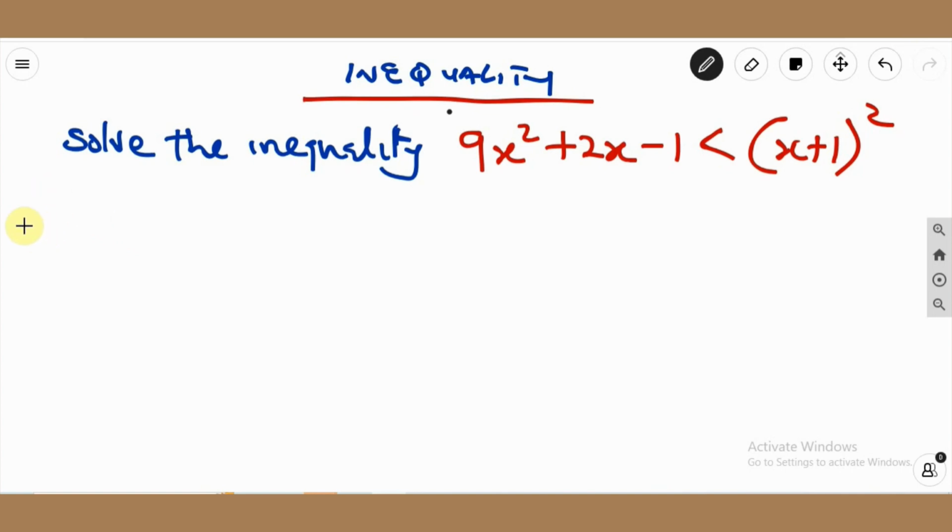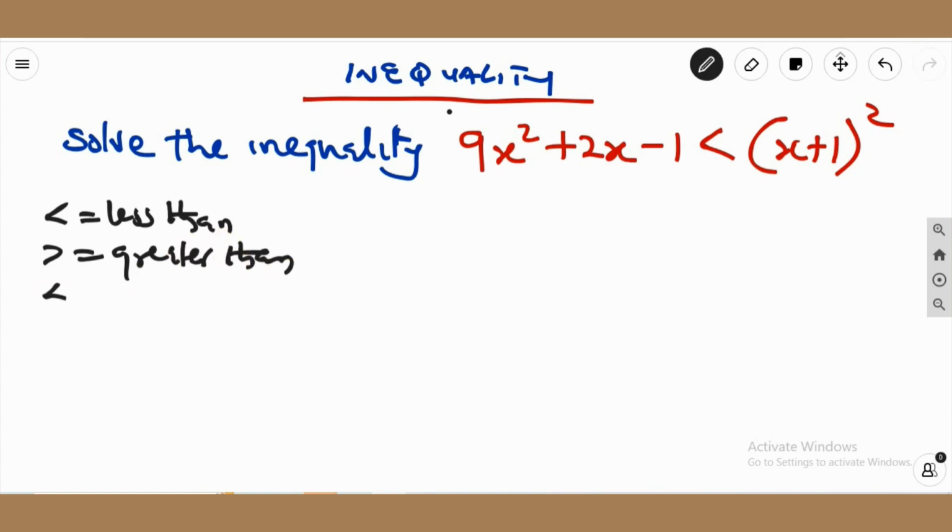These are the symbols of inequality. They are very important. So for instance, this is called less than. This is called greater than. And this is called less than or equal to.